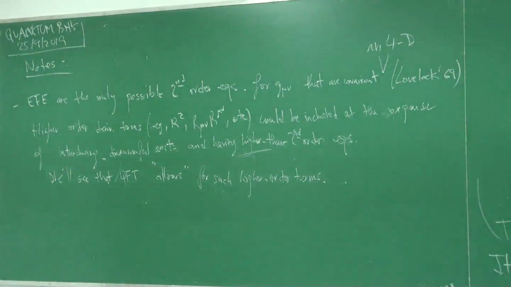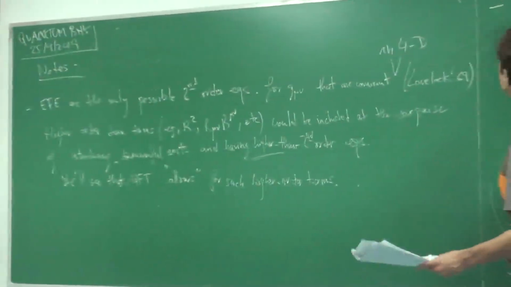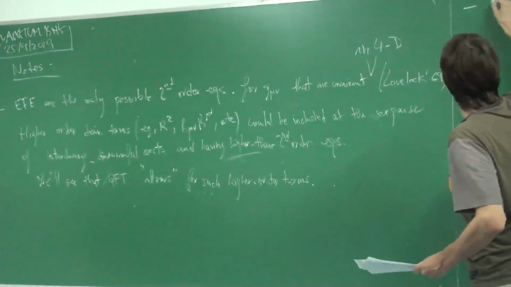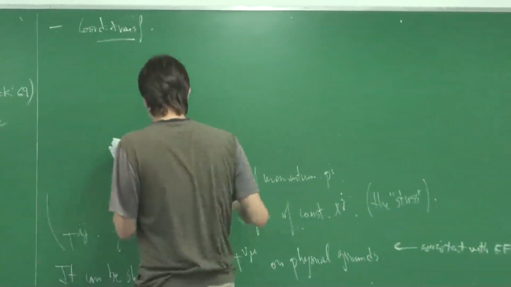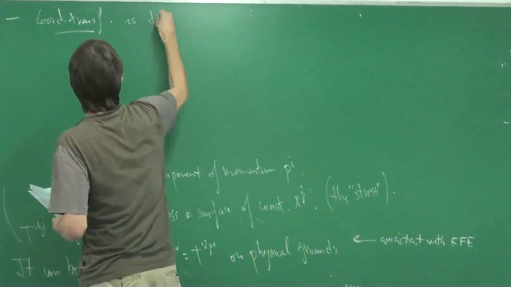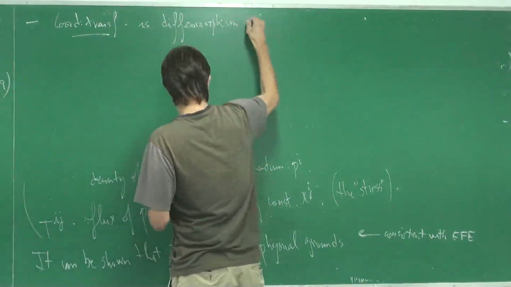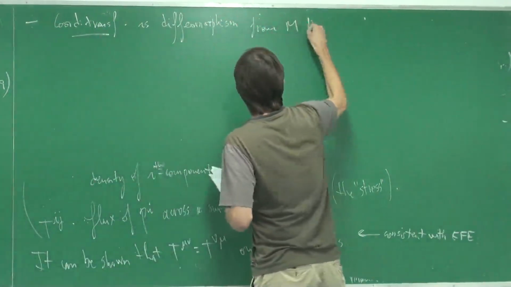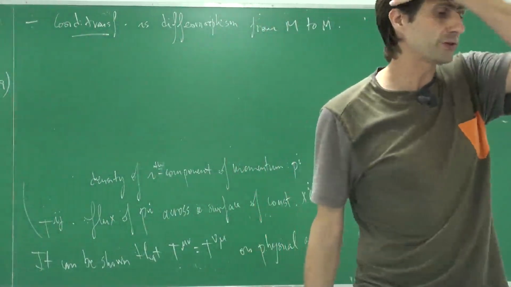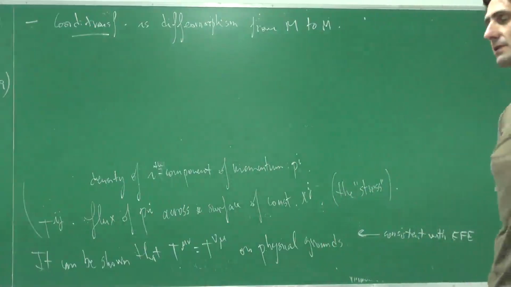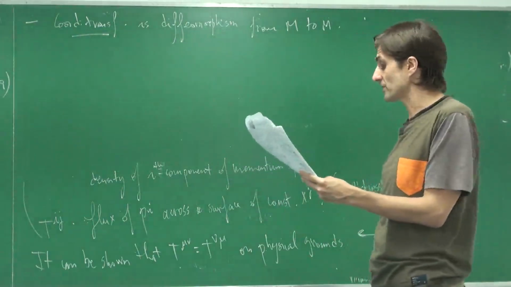Okay, so I've talked about coordinate transformations. So I'm going to make another note. First of all, a coordinate transformation is a diffeomorphism from M to M. In fact, if you have a diffeomorphism between two manifolds, you can effectively say that those two manifolds are equivalent.